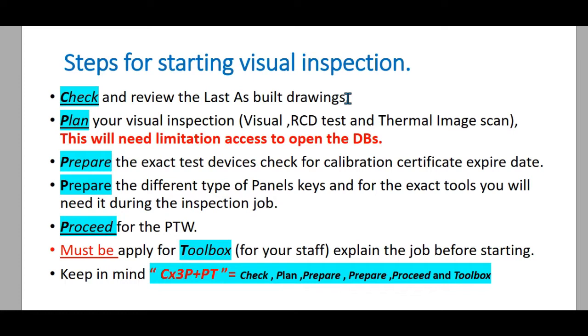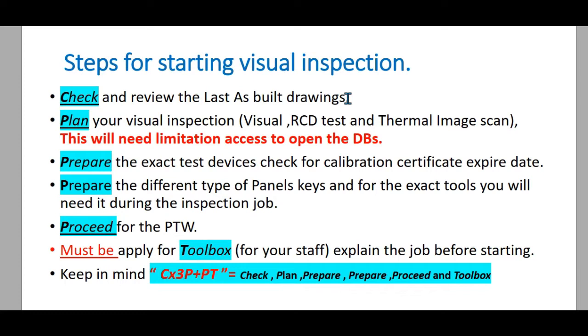Then we are going to plan our visual inspection. What are we going to do: visual inspection, or RCD test and thermal image scan, whatever. For example, if we plan a visual inspection, in this case we do not need to open any DB.